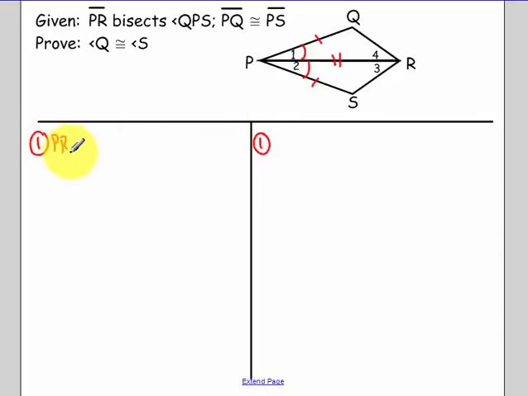So PR bisects angle QPS, that's a P. Let me make that look a little bit more like a P. And we also know that PQ is congruent to PS, and we are given that.